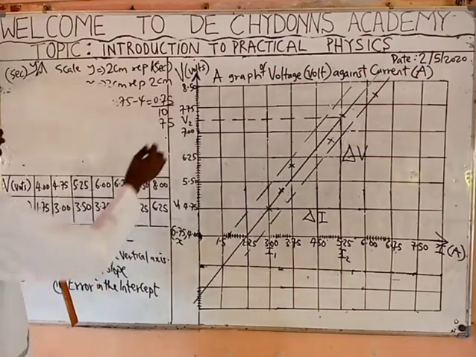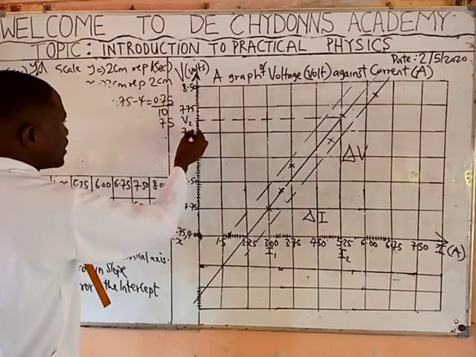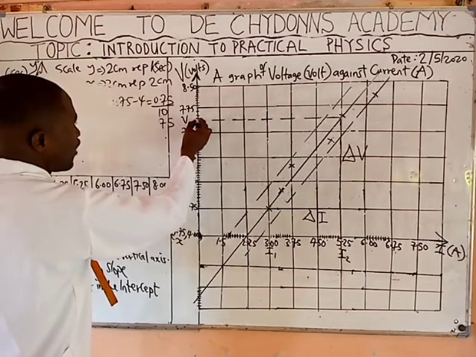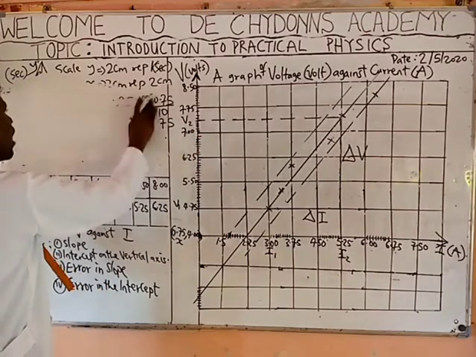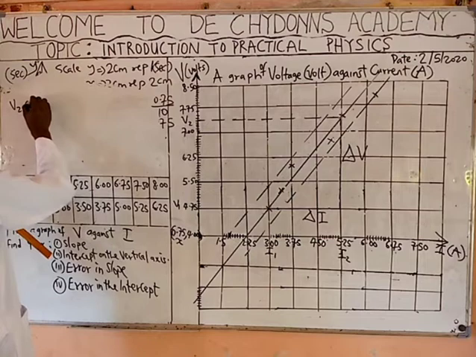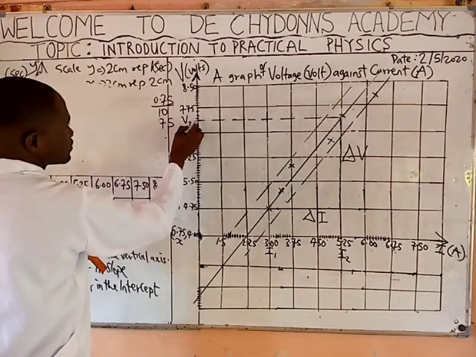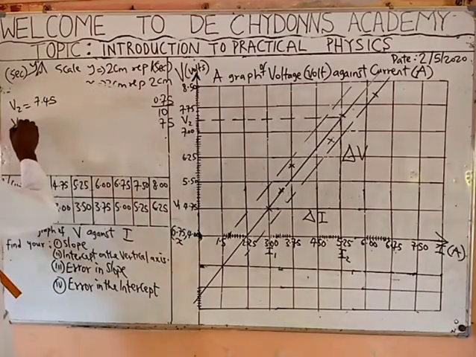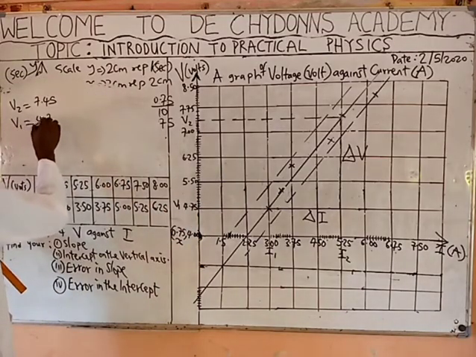What will it be giving you? 0.45. It means that from here to here is 0.45. 0.45 plus 7. That will be giving you that your V2 is equal to 7.45. That is this point. Then your V1 is equal to 4.75.